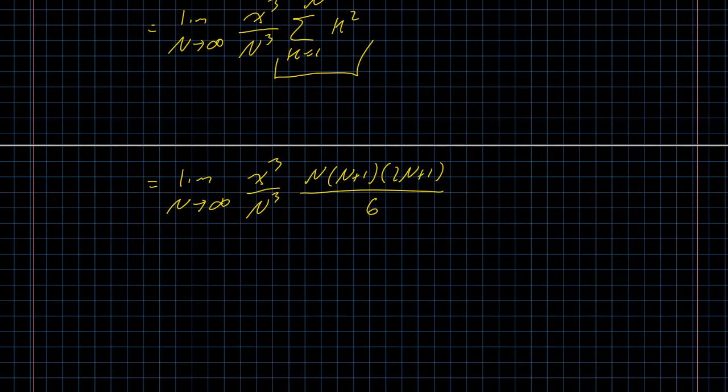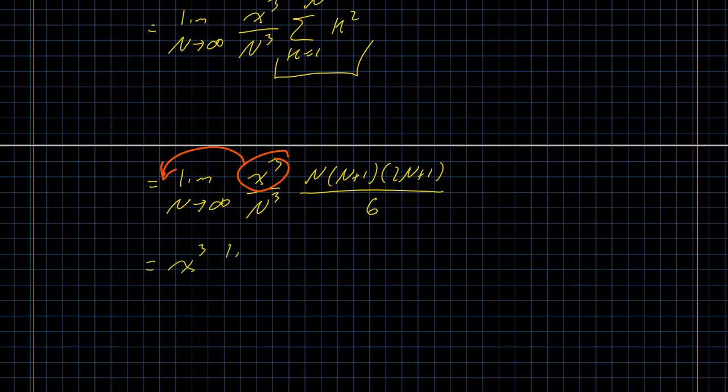I'm going to leave the x cubed factored out, but I'm going to distribute all of that other stuff. In fact, right now I'm looking at a limit on n. N is the only thing that I care about as a variable. X is a constant, so I can bring it outside of the limit. And that will make the algebra here a little bit easier to follow in general.